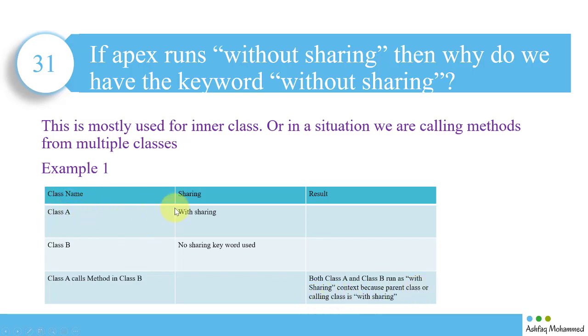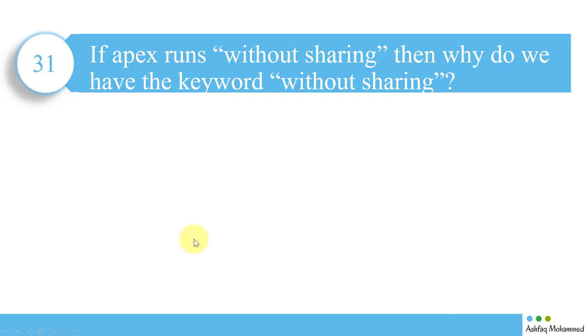Because the first class which is calling is with sharing, automatically the called class will also become with sharing. If you have not given any keyword, automatically it becomes with sharing. Let's see the second example.